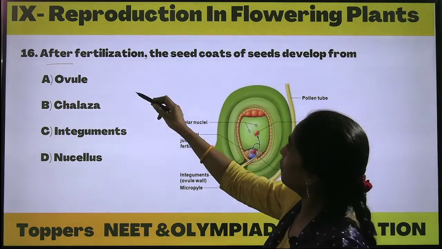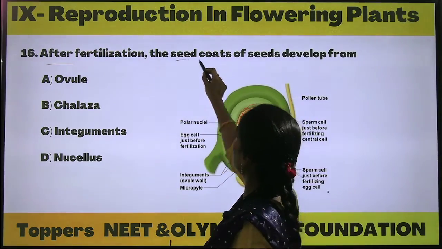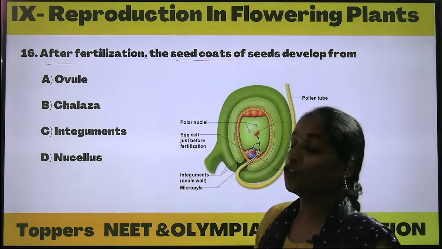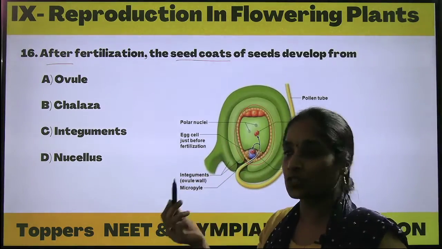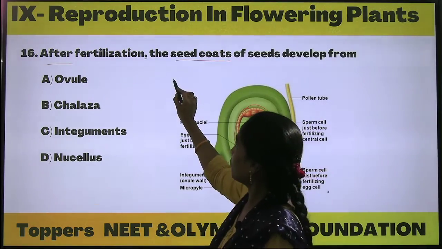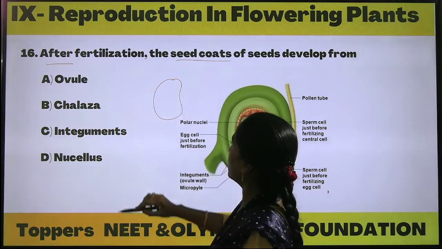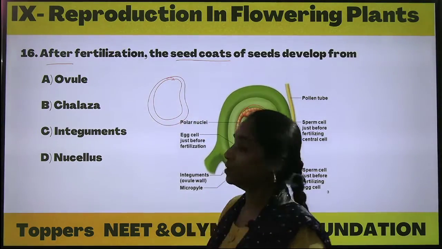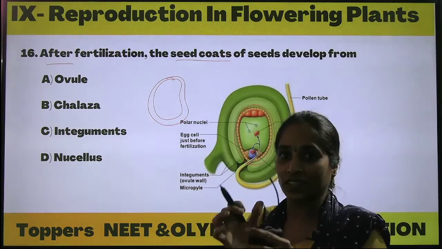Seeds develop from the ovules. Fertilized ovules develop into the seeds. Normally the seeds look like this, and outside we can observe the seed coat for protecting the cotyledons inside the seed.